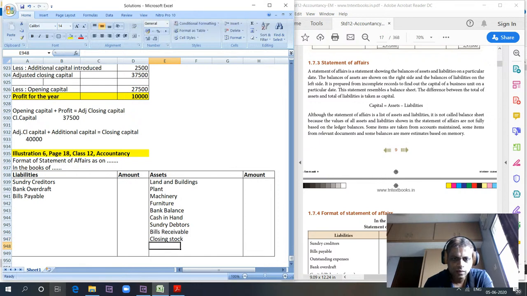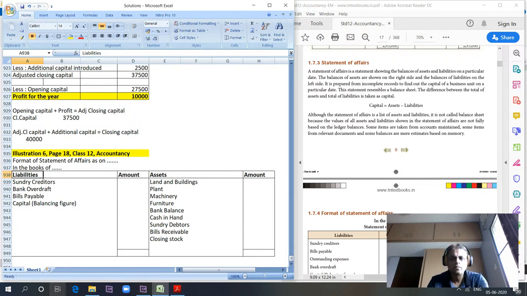The total on the asset side exceeding the liability side is capital. This is the balancing figure. So this is how a statement of affairs looks.